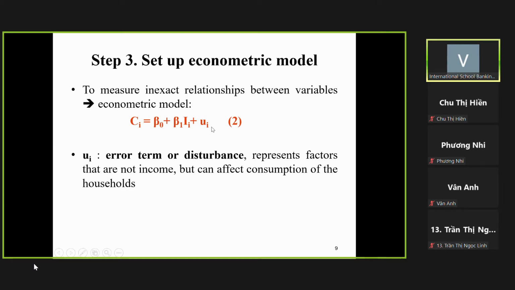Okay, so you can see this econometrics model is different from the mathematics model, because this model does not reflect a perfect relationship between consumption and income. But the mathematics model reflects the perfect or exact relationship between consumption and income.